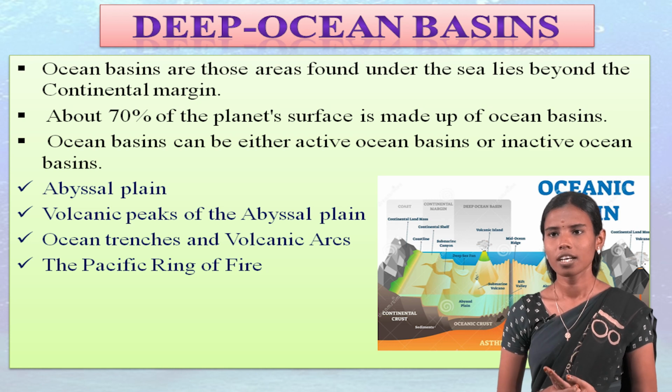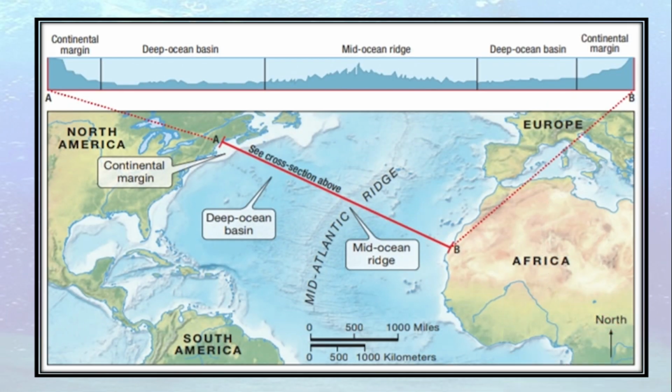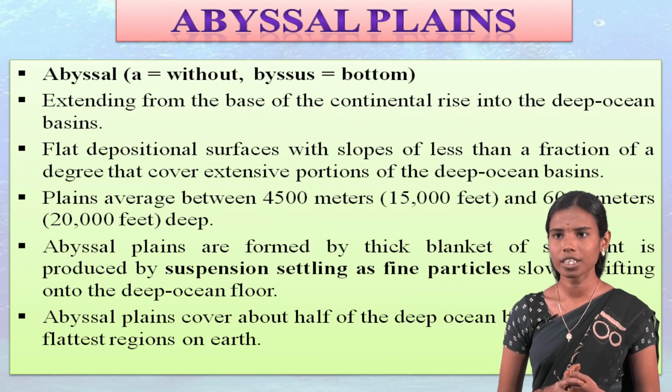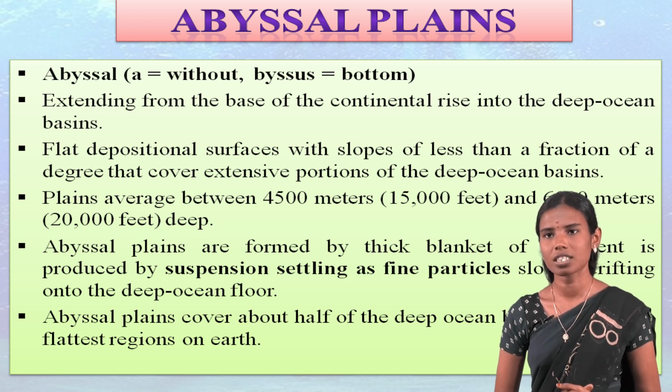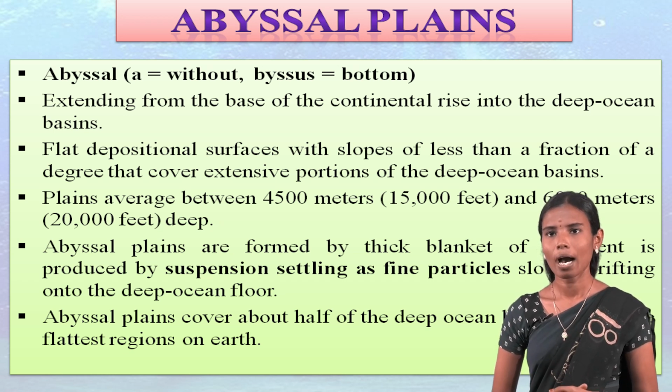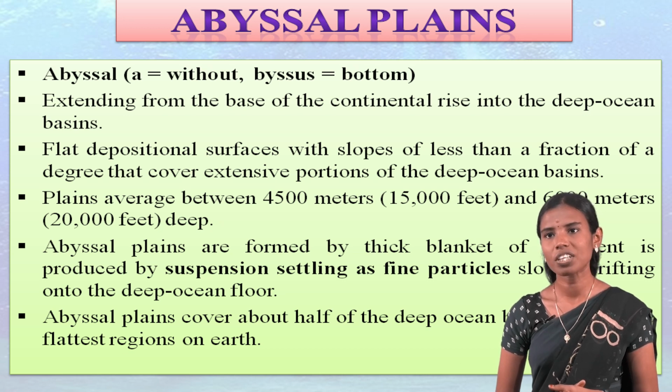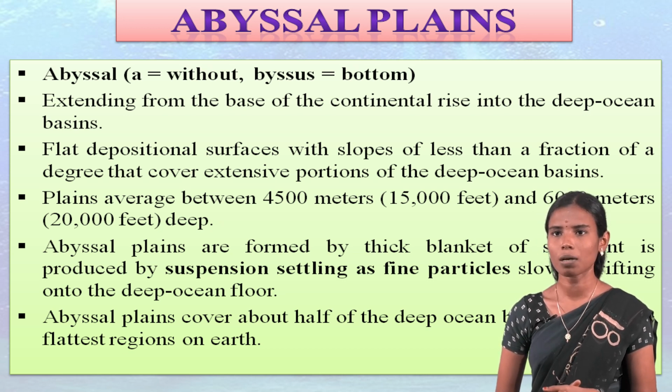This is the picture where the continental margin, deep ocean basin and the mid-oceanic ridges are located in the Atlantic Ocean. Next, we will see the features located in the deep ocean basin. First one is the abyssal plain. Abyssal: a means without, byssus means bottom. So, abyssal means without bottom.